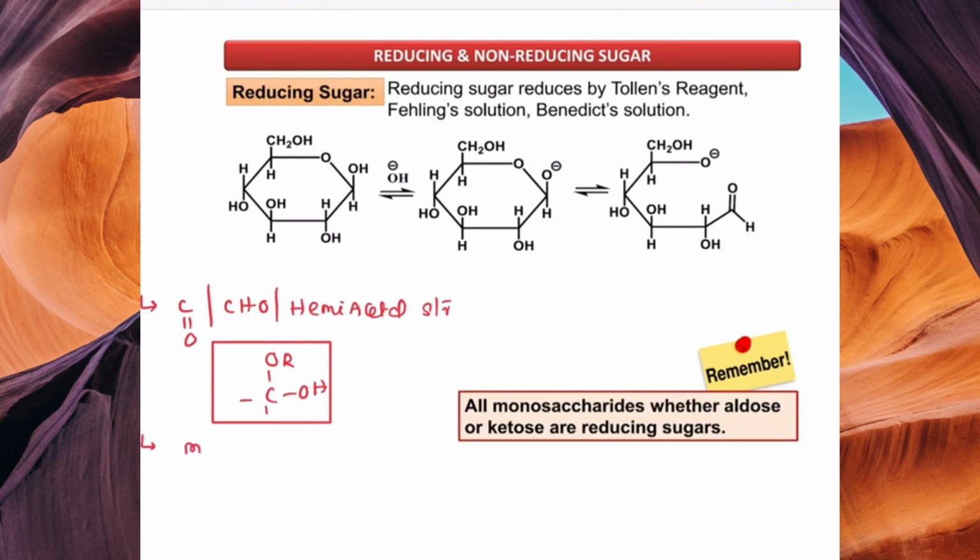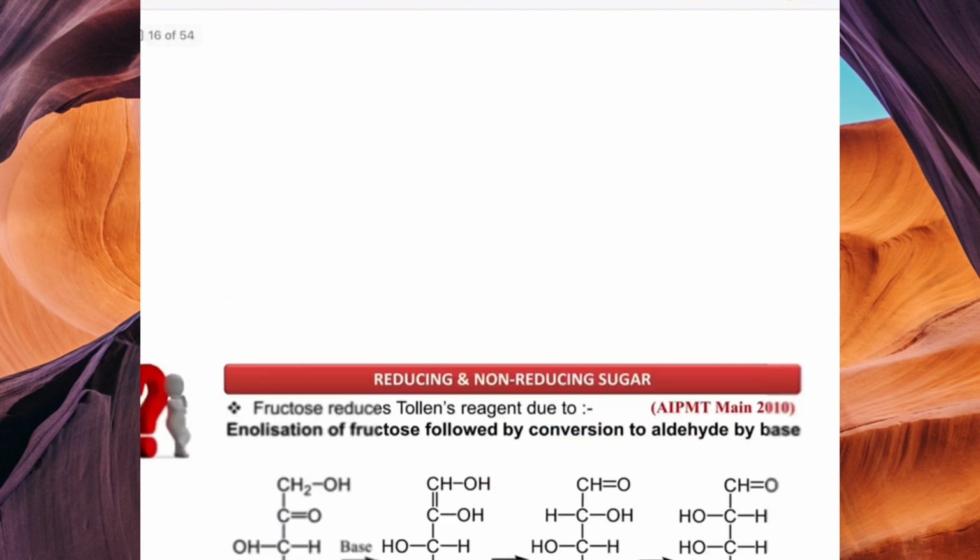Reducing sugars show the phenomenon of mutarotation, and they also react with phenylhydrazine, forming osazone. All monosaccharides, whether aldoses or ketoses, are the best examples of reducing sugars.